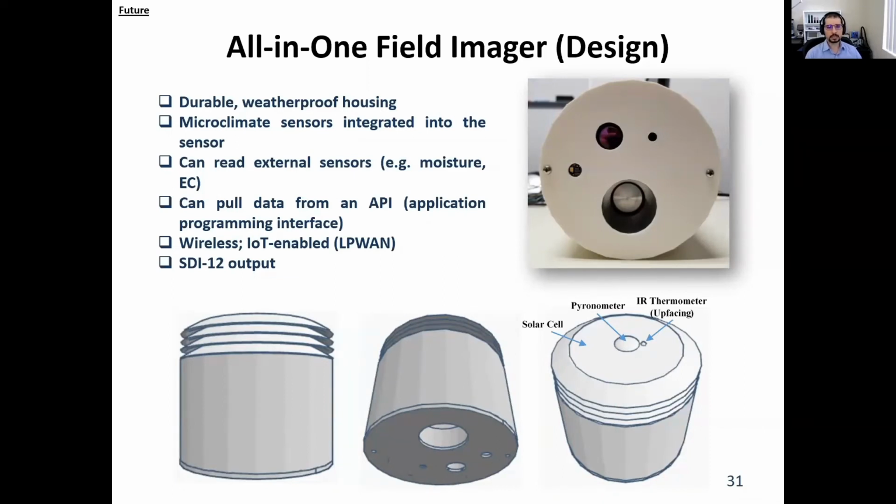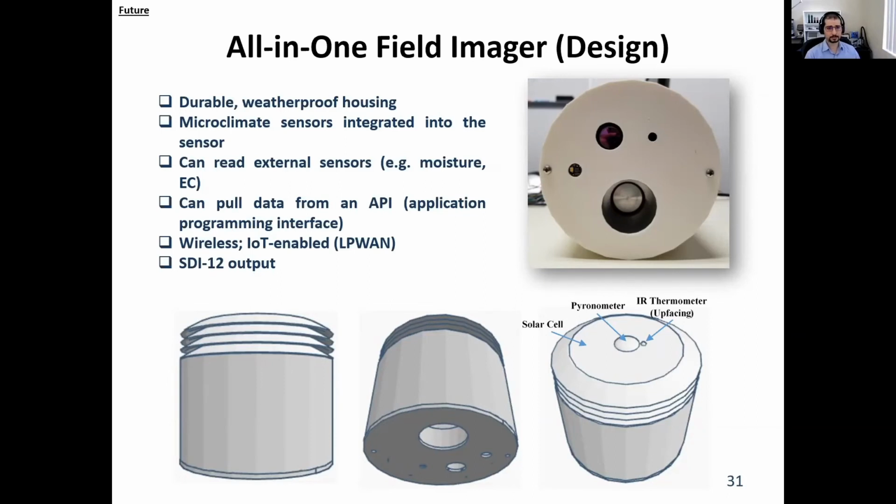A system, an imager that is durable, with waterproof housing, and microclimate sensors integrated into the system, so you don't need an external microclimate unit like the Atmos 41. It can read external sensors, and here I'm talking about soil moisture sensors.